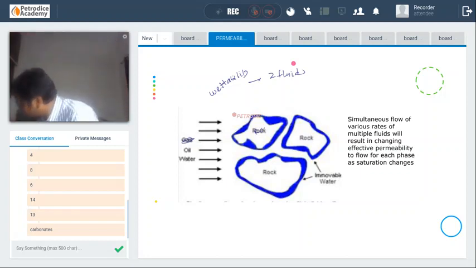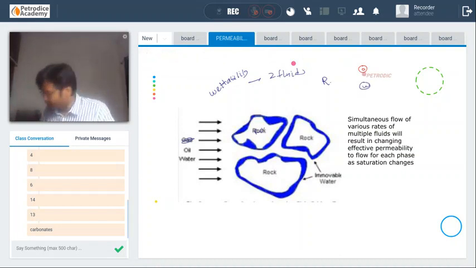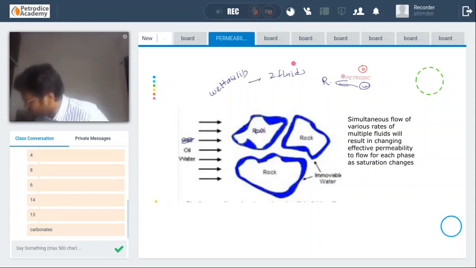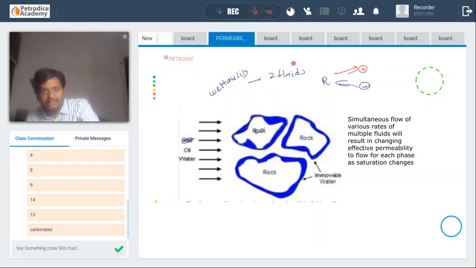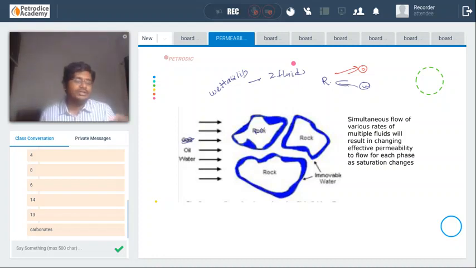If you place this rock here, and place oil and water of the same size and shape, this rock will attract the water towards it and push the oil away from it. In this scenario we say that the rock is water wetting. That means the rock has the ability to attract the water towards it. We can say this rock is oil non-wetting, that means it is pushing away the oil from it.